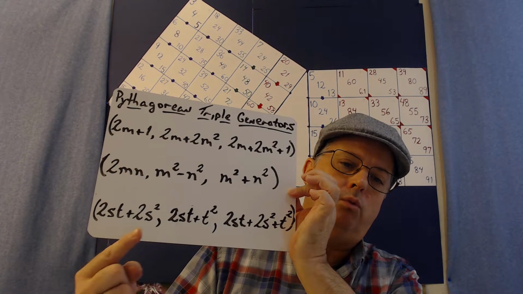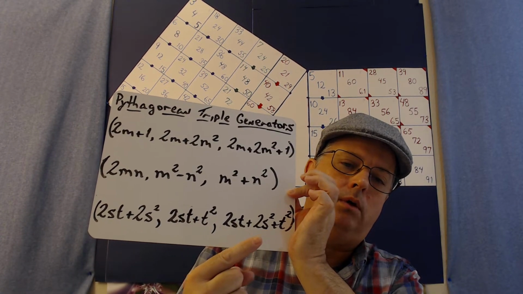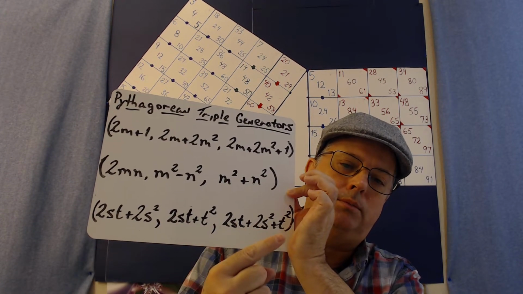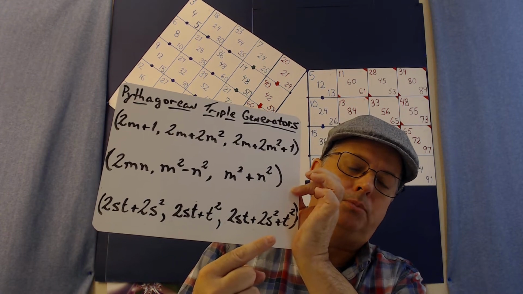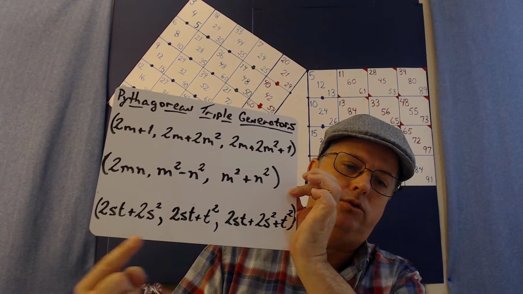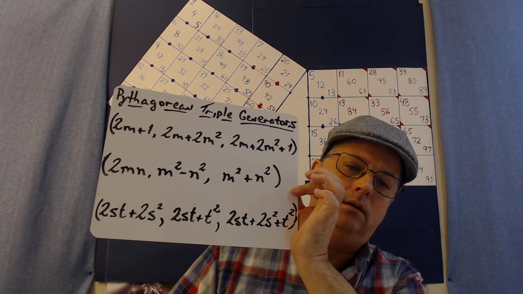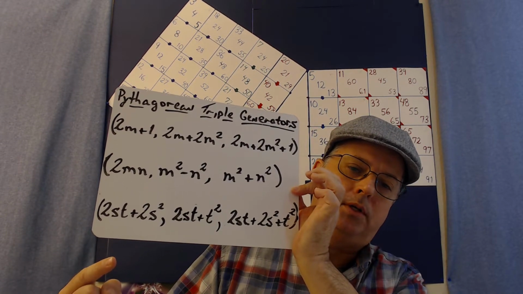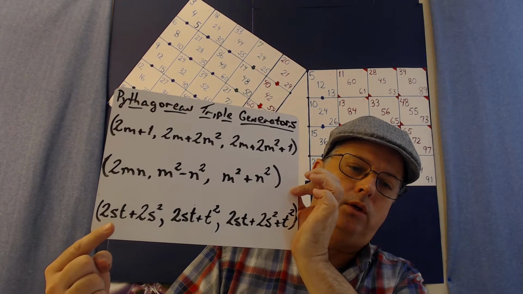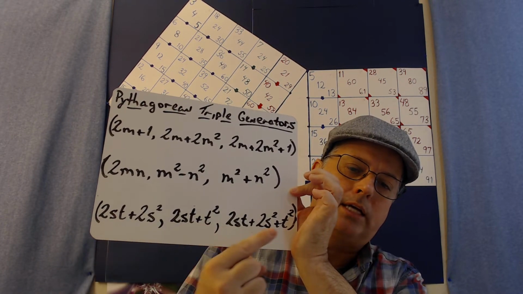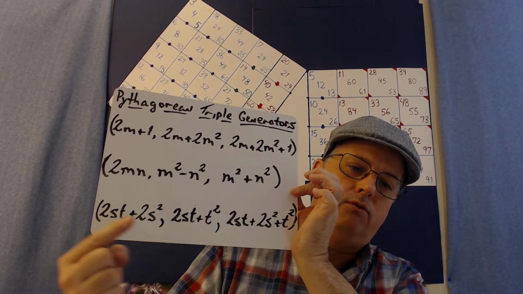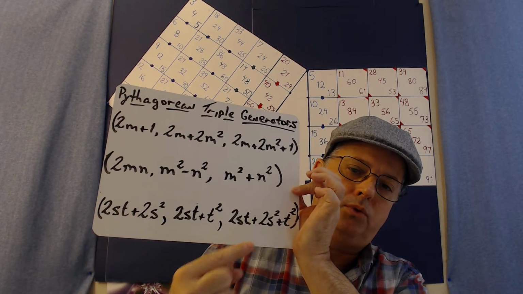We've already done a previous video talking about some neat things about this formula, so I encourage you to go back and look at that one. And in this particular video, we're going to look at the expansion of this formula that generates Pythagorean triples.